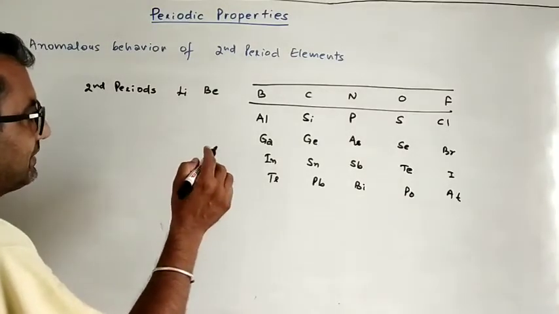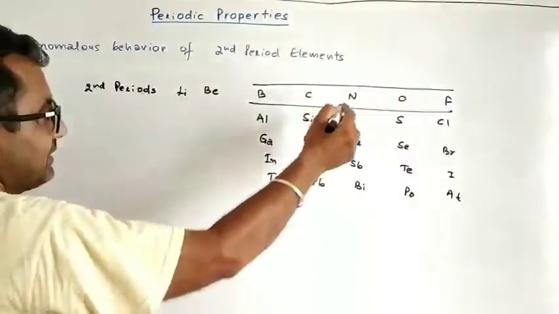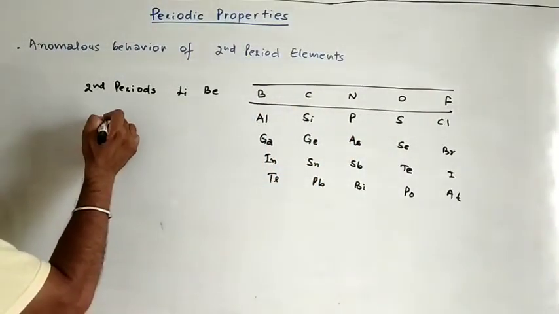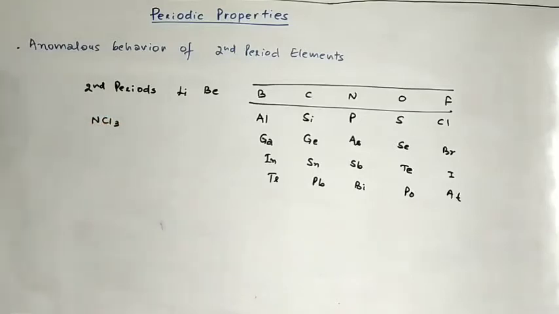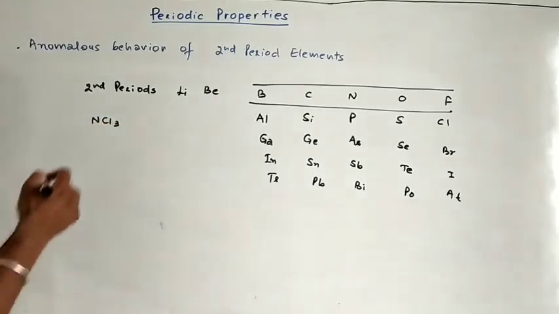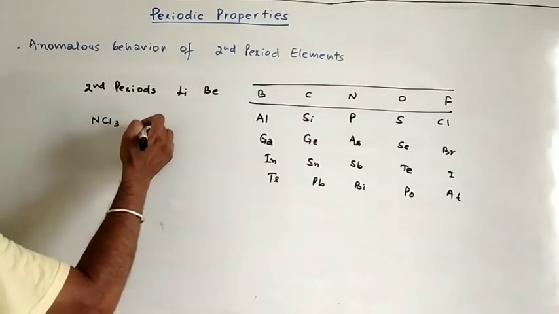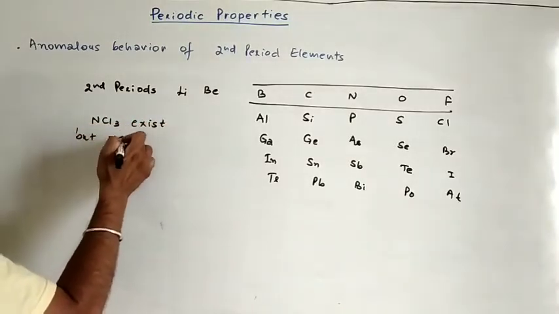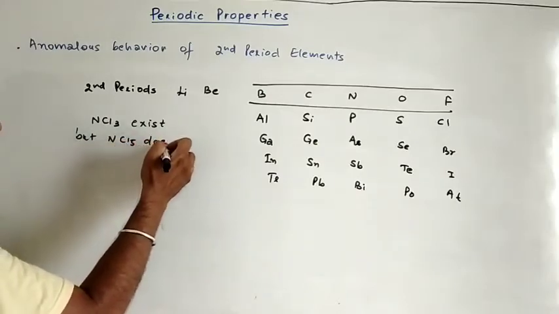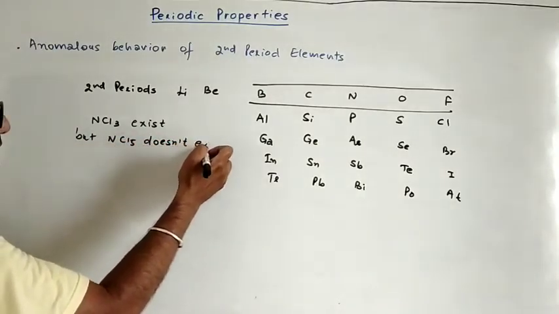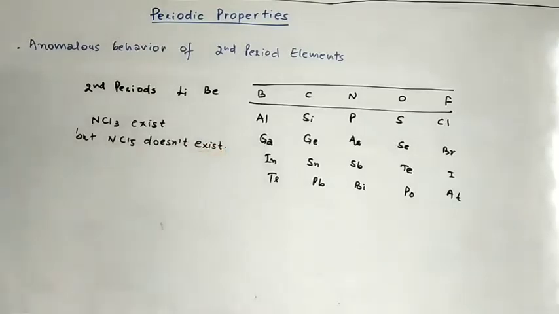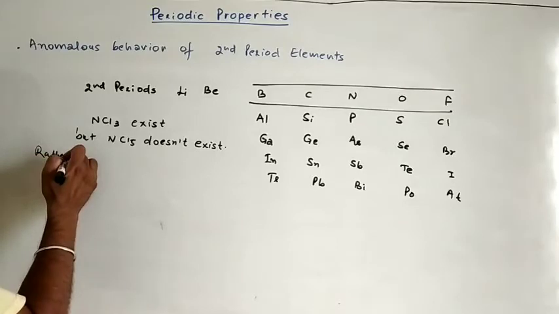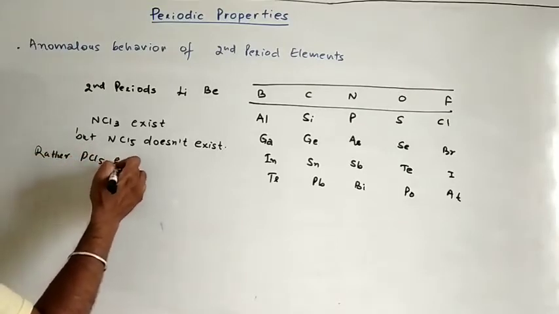Like in the case of the nitrogen family, nitrogen can form NCl3. NCl3 exists, but NCl5 does not. Rather, PCl5 exists.